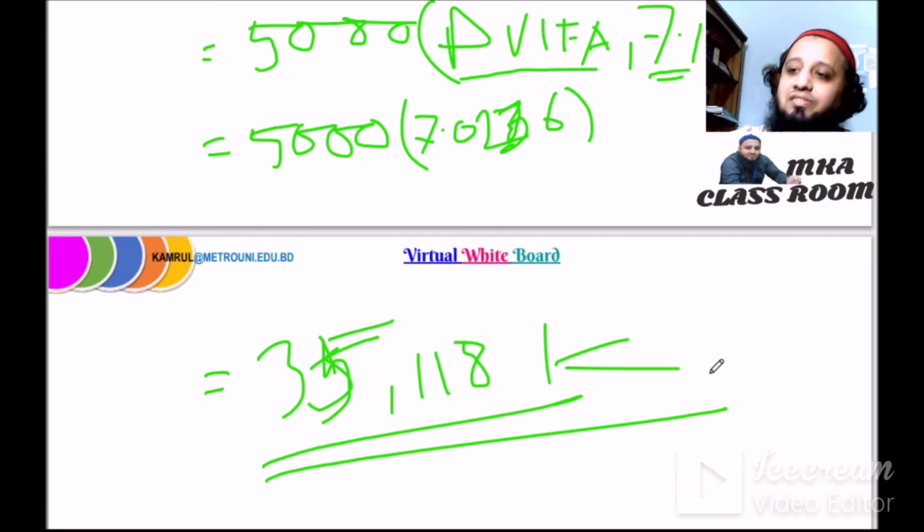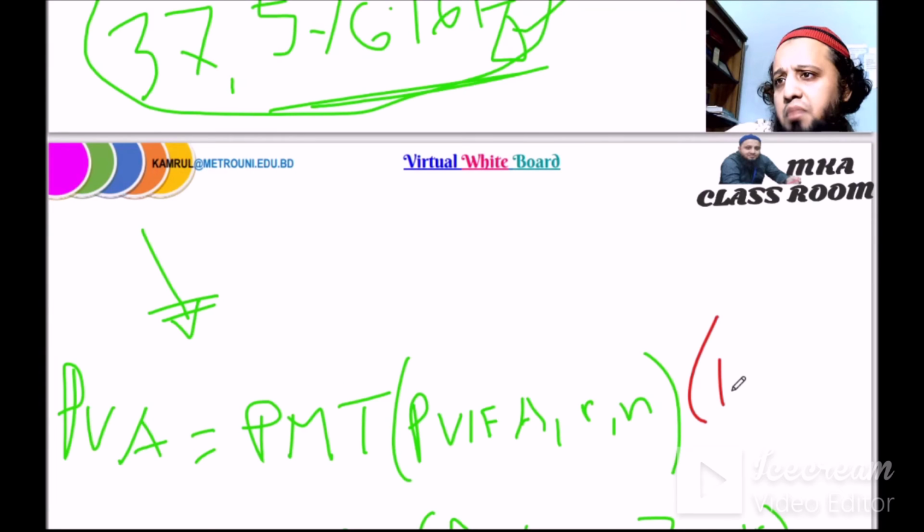So for the next portion, for the annuity due, we know that it is only multiplied by 1 plus r.